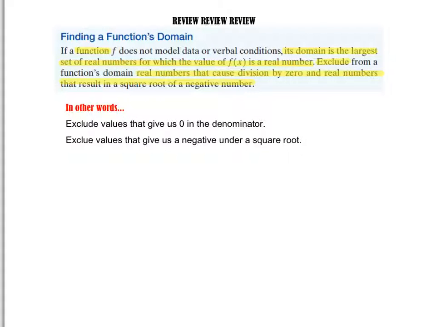This is just a quick review of determining domain, since that's something you're going to need to do in these next couple examples. Really look down here at this part where it says "in other words." In first semester, I may have given you something like this and said, what is the domain? Well, we can't have any values that would make a denominator 0 because that's undefined. So the domain of this first one would be x cannot be -3.